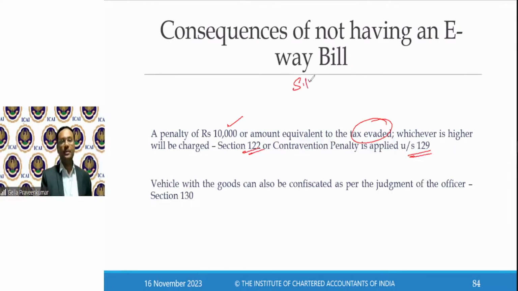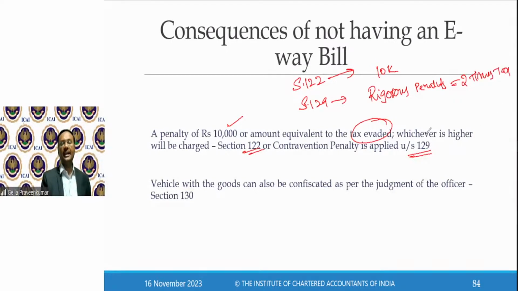Section 122 is a simple penalty of 10,000. Section 129 is a rigorous penalty, which is equivalent to 2 times tax. Now, section 122 is post-mortem.